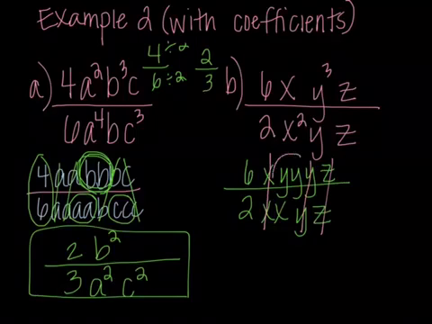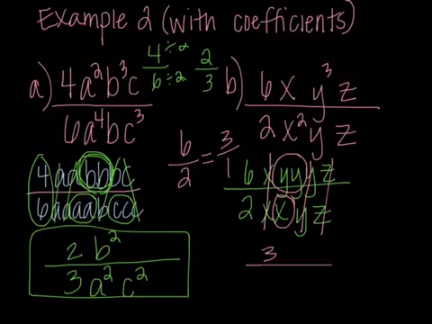That leaves me 2 y's on top, 1 x down below, and a fraction I still need to simplify. 6 over 2, if I think about that as a fraction, is just going to equal 3 over 1. Again, they could both be divided by 2. So I'll put 3 on top and 1 down below.